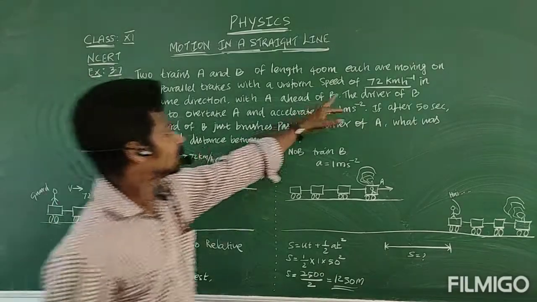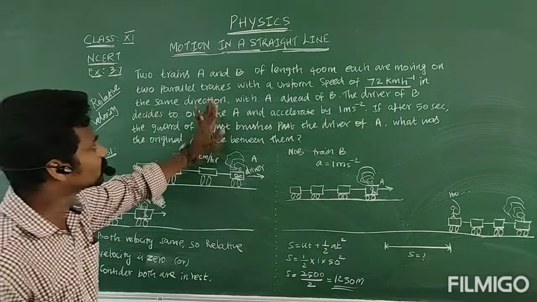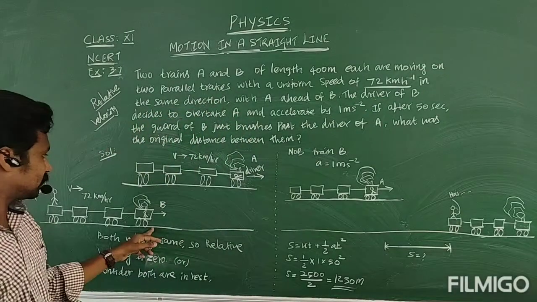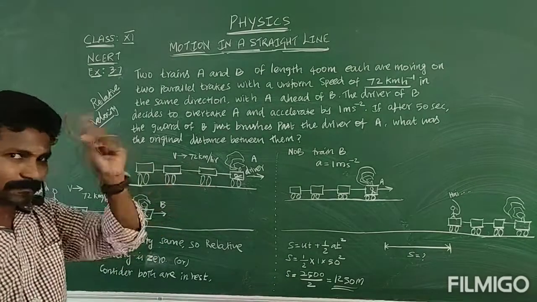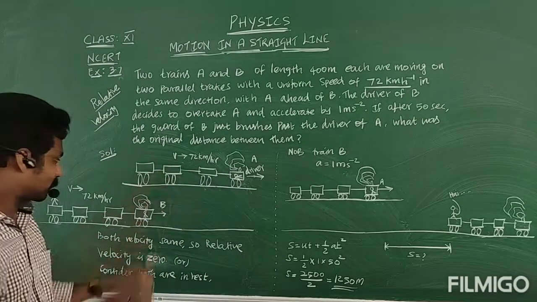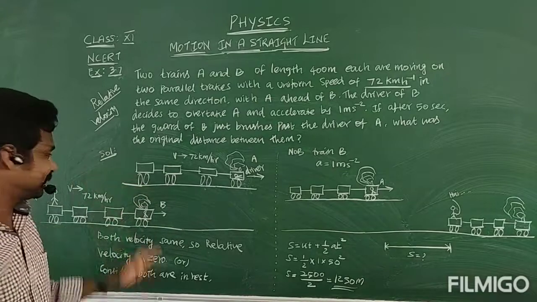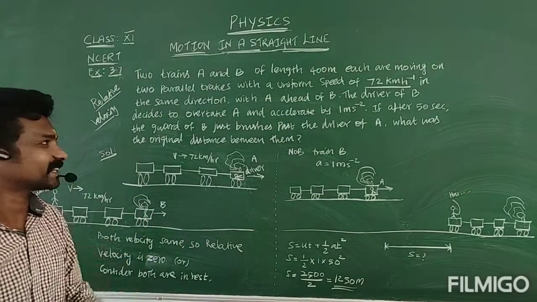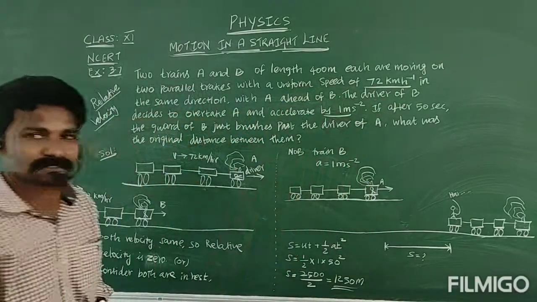But the driver of B train decides to overtake A. He decides that he must overtake train A now, so he has to accelerate. He accelerates by 1 meter per second square.